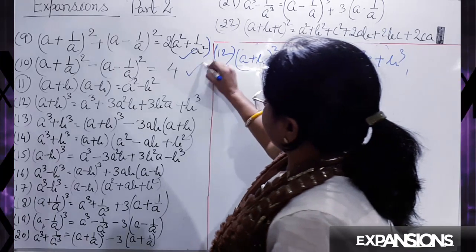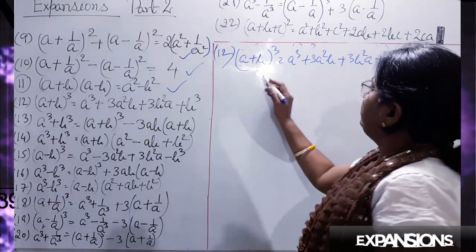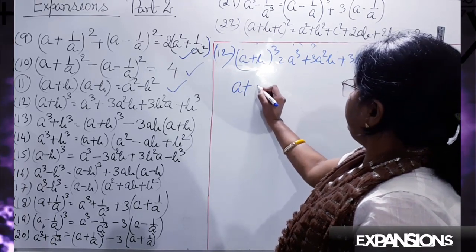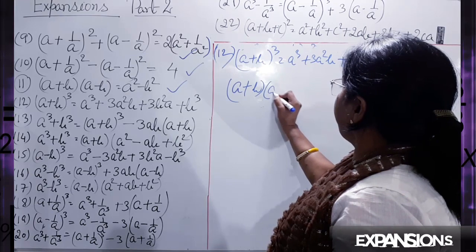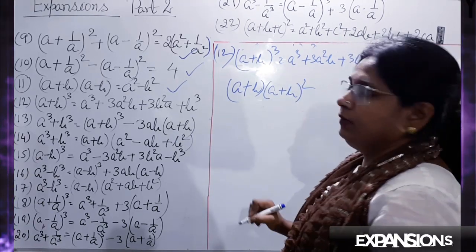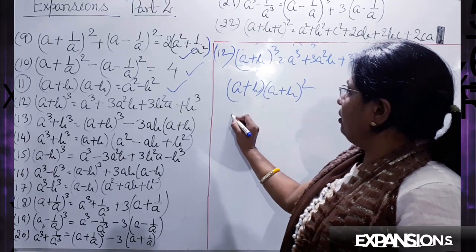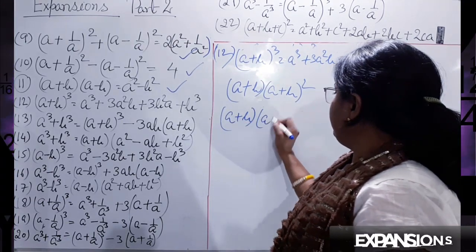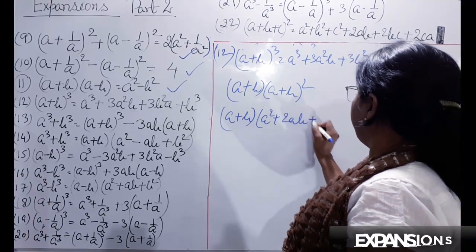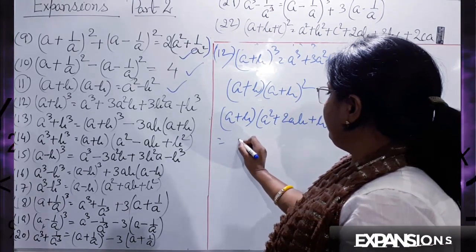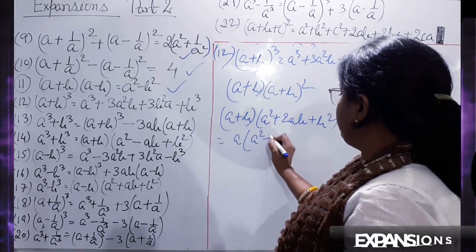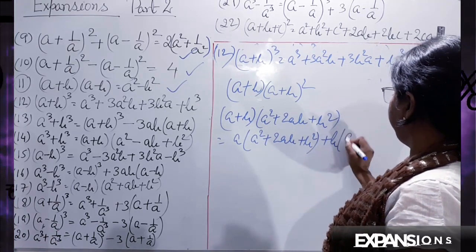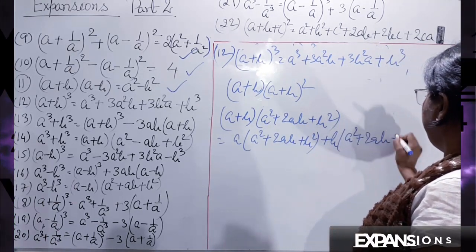Completed, this one completed. (a + b) whole cube, we can write as (a + b) into (a + b) whole square. Now (a + b) into (a + b) whole square is a square plus 2ab plus b square, and once again multiplication, a into (a square plus 2ab plus b square) plus b into (a square plus 2ab plus b square).